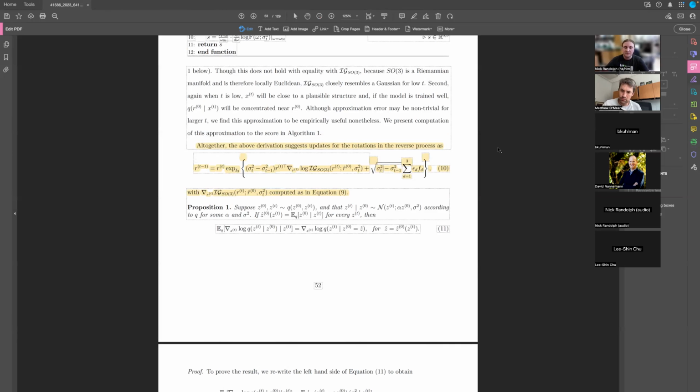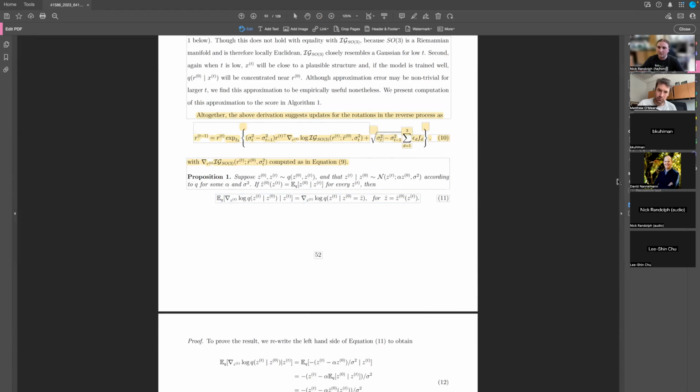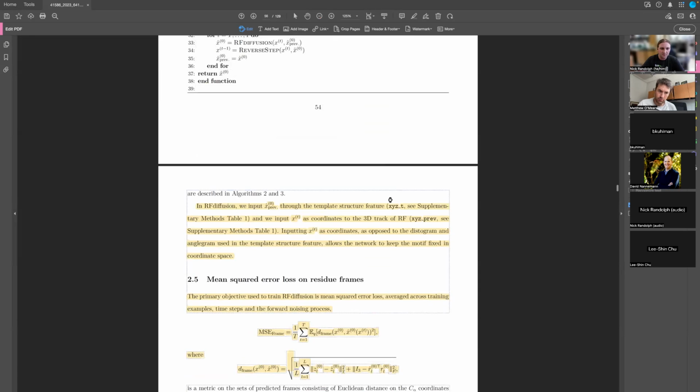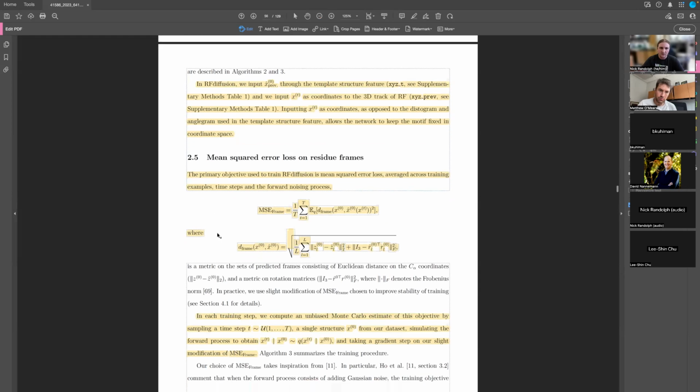The other main difference I would say is the loss function. RF diffusion doesn't actually use the denoising score loss. It uses an MSE loss, which is a heuristic approximation of the denoising trajectory. They do this mean squared error loss on the translations here and the rotations here.